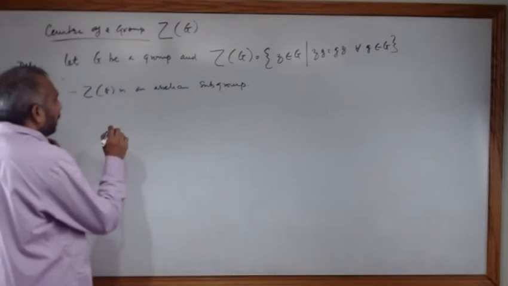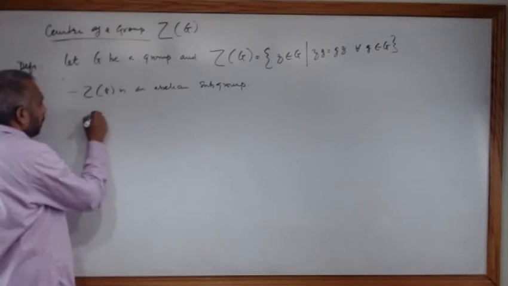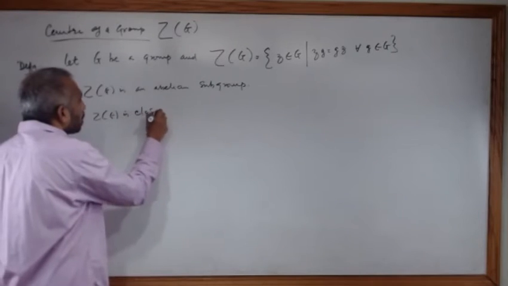So what we need to prove is that Z of G is closed.